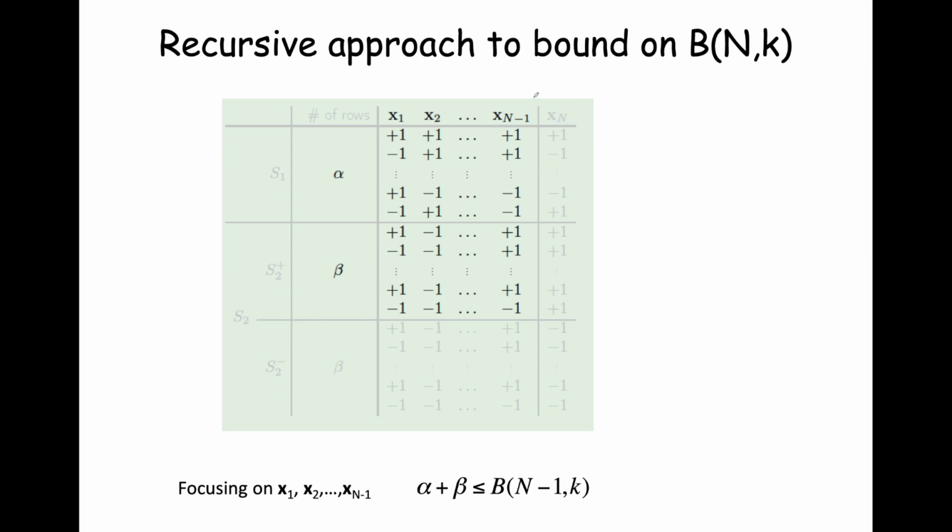Now, our data set is no longer of size n. Our data set is of size n minus 1. Of course, because when we remove that nth column, we now have two copies of the dichotomies in S2 plus, because from our construction, we arranged them such that S2 minus and S2 plus had the same dichotomies from the perspective of the first n minus 1 sample points.